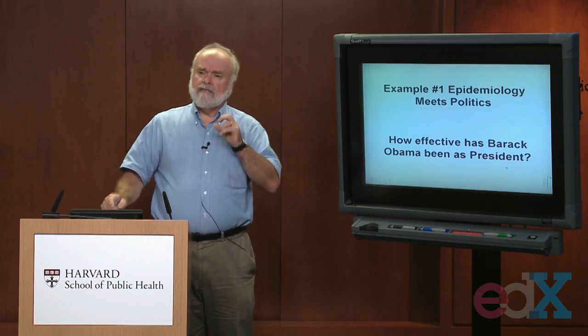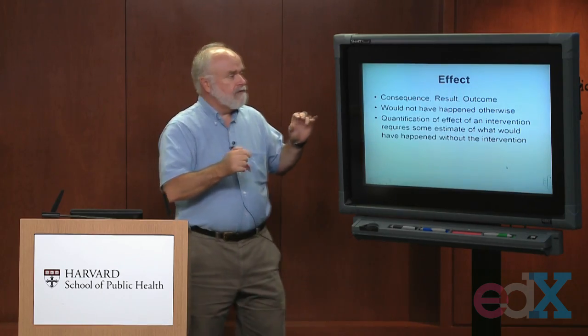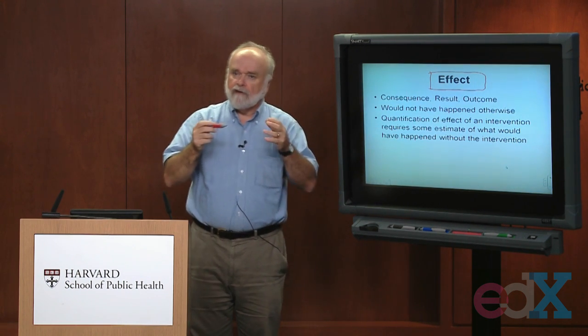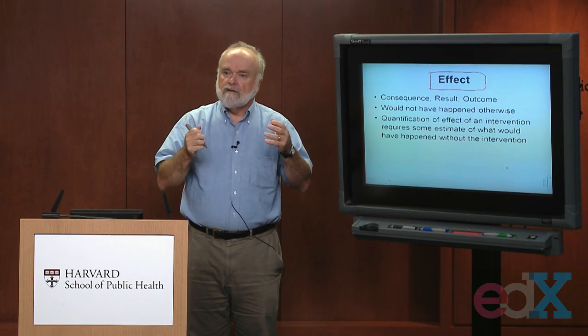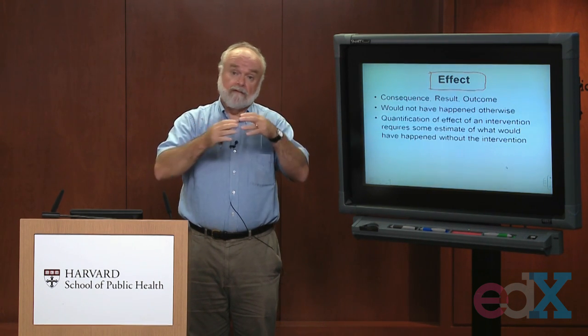Well, if we're talking about the effectiveness of a politician, we're talking about what outcomes happen to us and to our country during his tenure as president of our country. What sort of outcomes could we link to having him as president? So first, let's talk about this notion of effect, because epidemiology is predominantly trying to identify causes of diseases, or clinical epidemiology is trying to identify outcomes of clinical decisions.